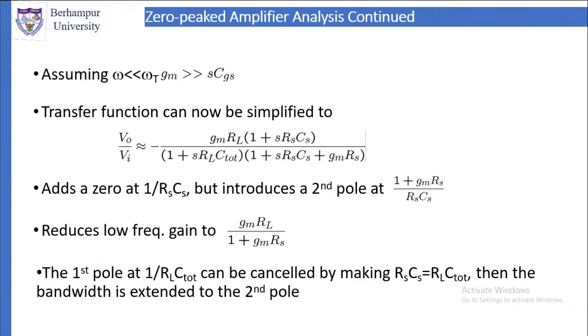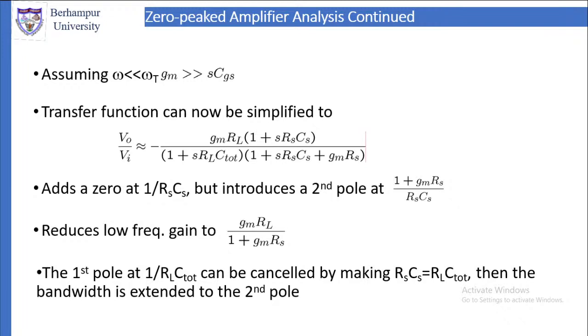In the denominator also take S RSCS common. The first part will remain as it is. The second part will be 1 plus 1 by S RSCS plus GMRS by S RSCS.